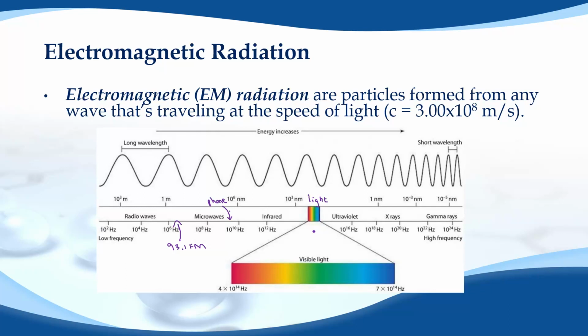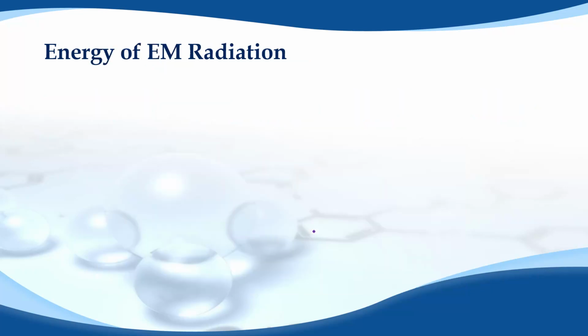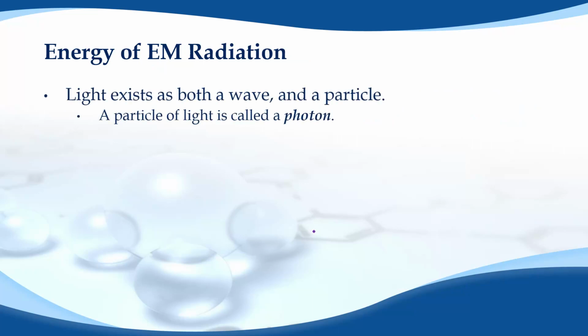The one thing about them that's different is the amount of energy that they have. So the energy of electromagnetic radiation, or what we call a photon, which is a particle of electromagnetic radiation. So if you've ever seen Star Trek and they say fire the photon torpedo, they're firing particles of light at the enemy.